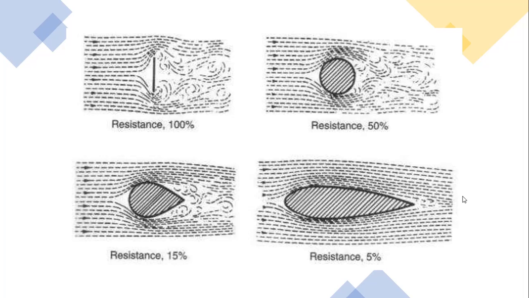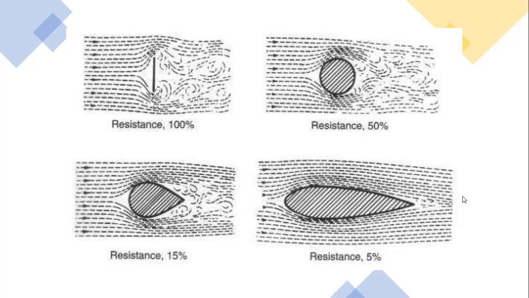This is the advantage of the streamlined shape. That's why aeroplanes, birds and racing cars are all designed to have a streamlined shape, to have the minimum surface area, to have the minimum friction between the body and the particles of the air.